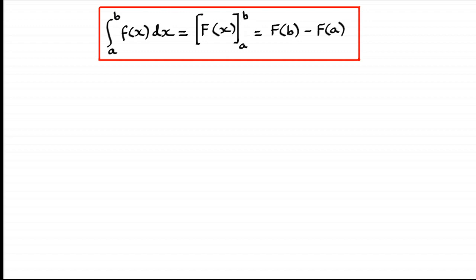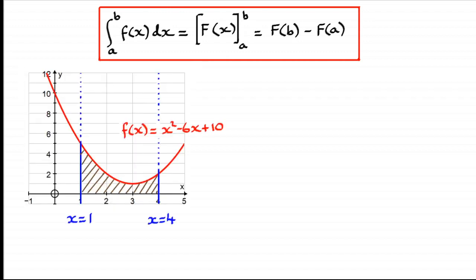Now, I'm going to show you that this is used to work out several applications. One of them is area, for instance: the area bounded by a curve down to the x-axis between two vertical lines, let's say with equations x equals 1 and x equals 4.